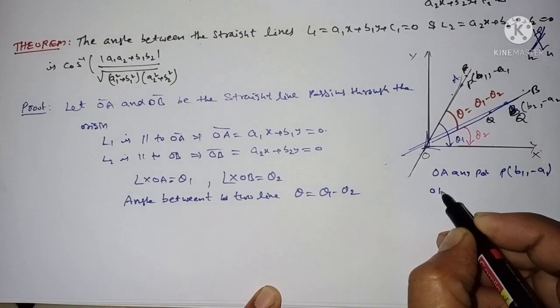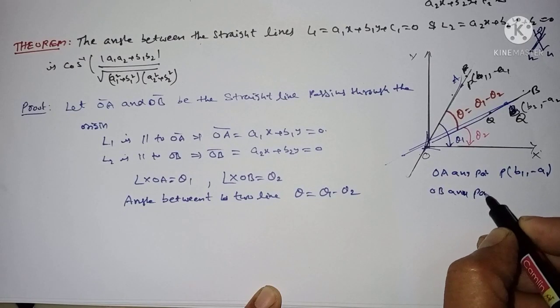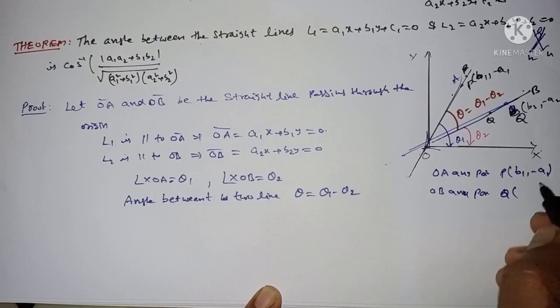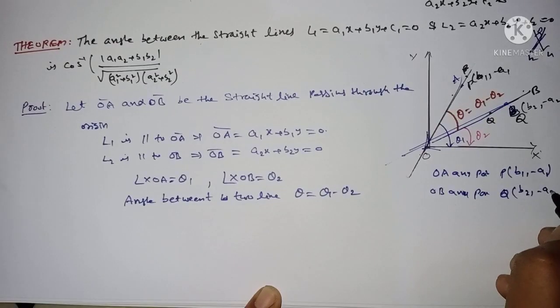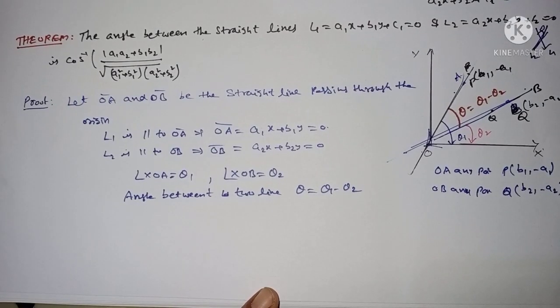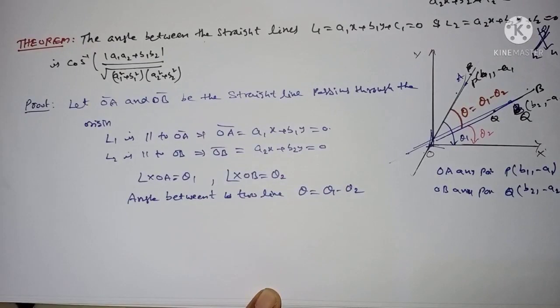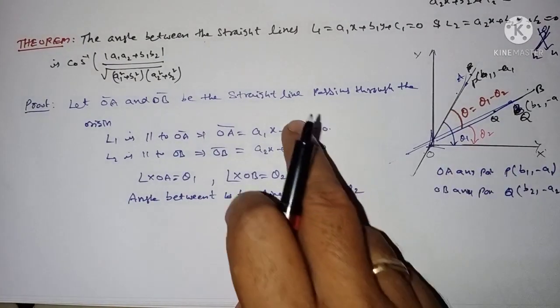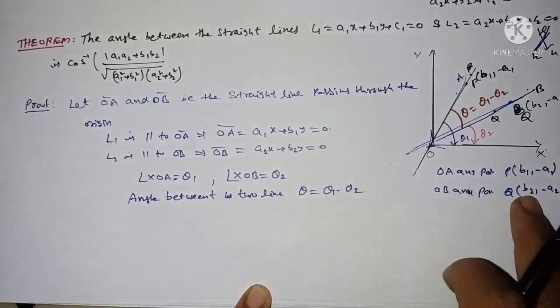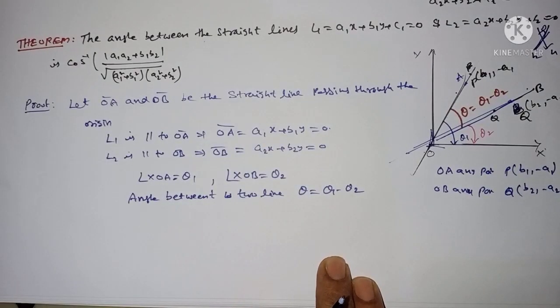And in OB, any point you can take here, this is Q only, b2 comma minus a2, because this satisfies the equation. If you substitute here, you get 0 only. Therefore, point P is passing through OA, and point Q is passing through OB, satisfying the OA and OB equations.